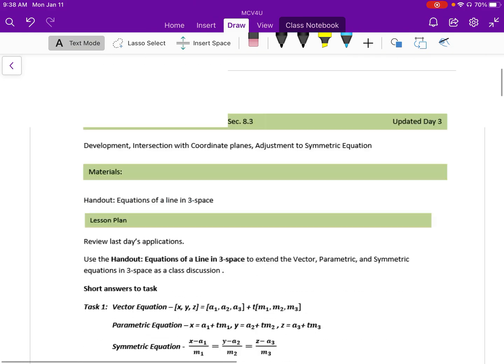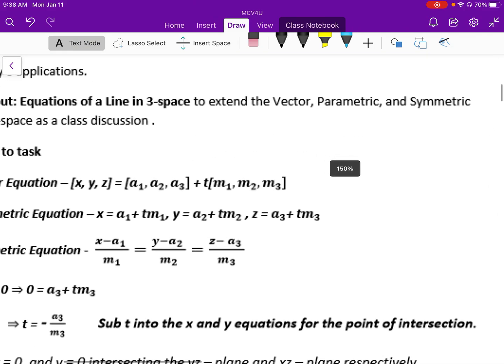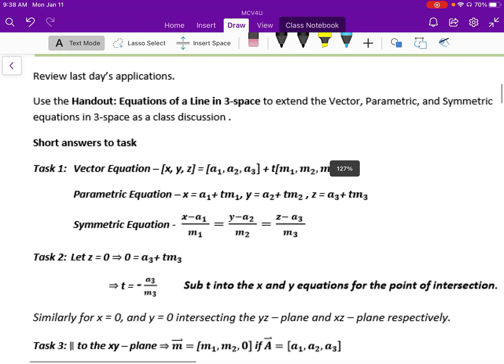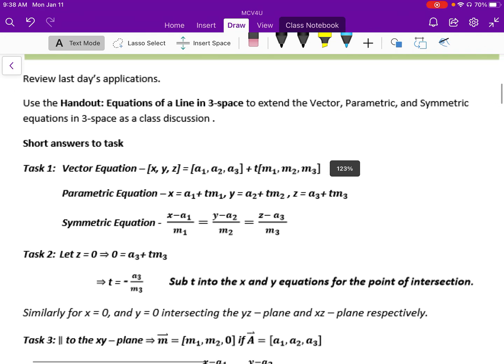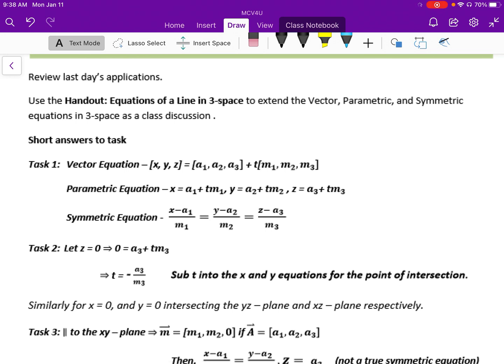So hopefully what you've done before, let's just review some of the things here, and I'll try to explain them as best we can. If we're taking a look at the vector equation, the parametric equation, and the symmetric equations, there's not much difference other than the addition of this third component.